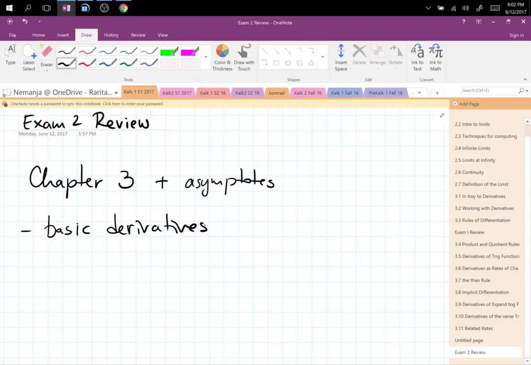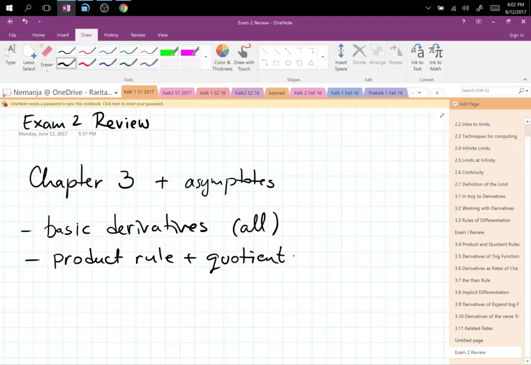So I will just put in parentheses all, meaning all of the sections that contain trig, exponential, logarithmic, and everything else. Then we have the product rule and quotient rule. Then we have chain rule.